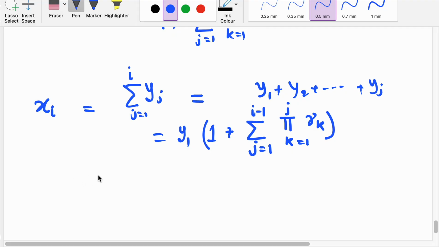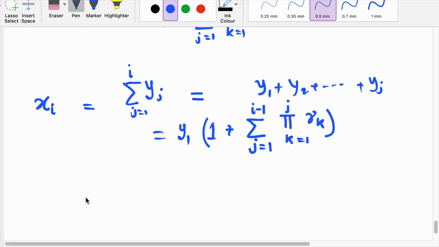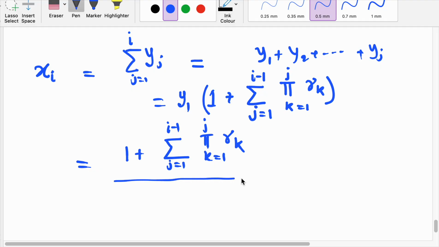Since we know the value of y1, or x1, if we put it there, it will become 1 plus the summation up to i minus 1 of the products of gamma k, divided by 1 plus the summation over j equal to 1 to n minus 1 of the same products.